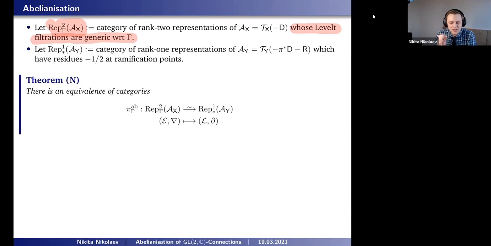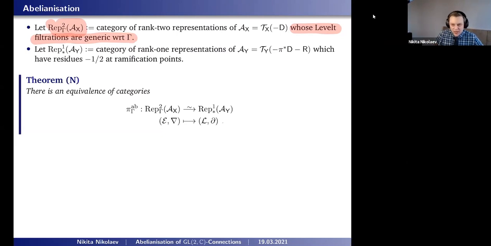The correct way of saying it is, if you descend down to isomorphism classes of representations, so you're on a moduli space, that thing has a topology, and the subset cut out by these connections or representations generic with respect to gamma is a dense open subset. So the only thing you're not capturing is some kind of divisor. It's harder to say at the level of categories.